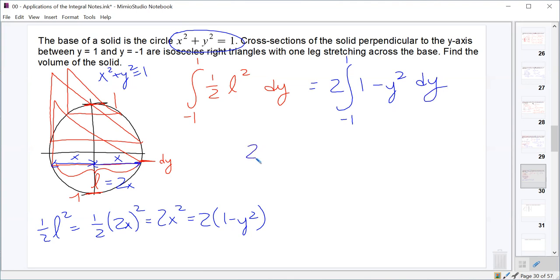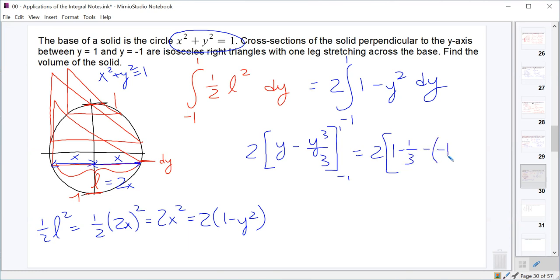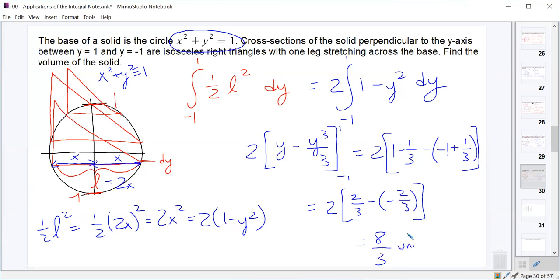And so we'll just do 2 times y minus y cubed over 3 from -1 to 1, which gives us 2 times 1 minus 1/3, when we plug in +1, and then minus -1 plus 1/3, when we plug in -1, which gives us 2 times 2/3 minus -2/3, or 2 times 4/3, or our final answer of 8/3 units cubed.